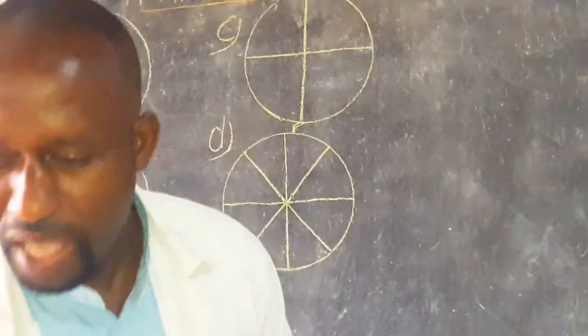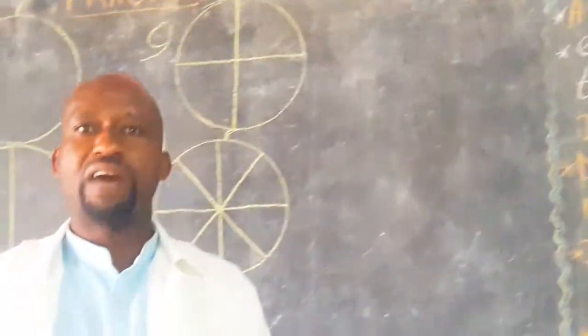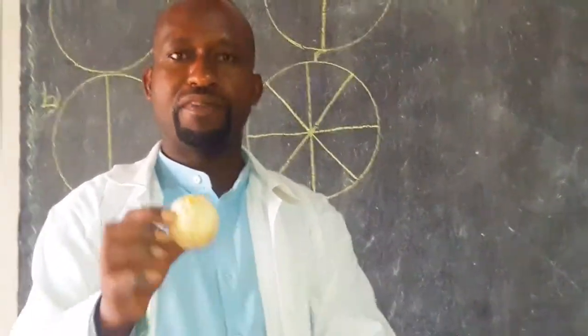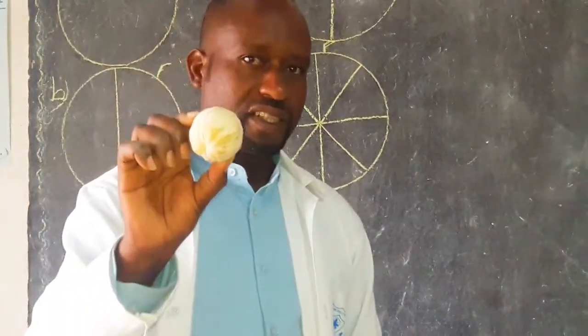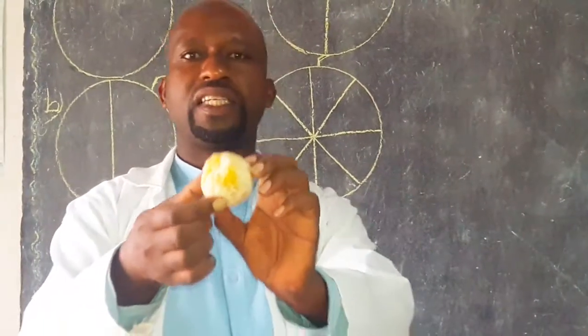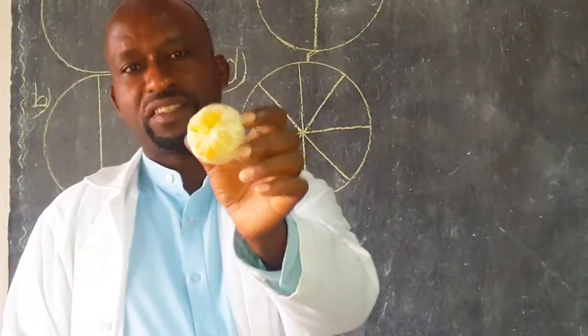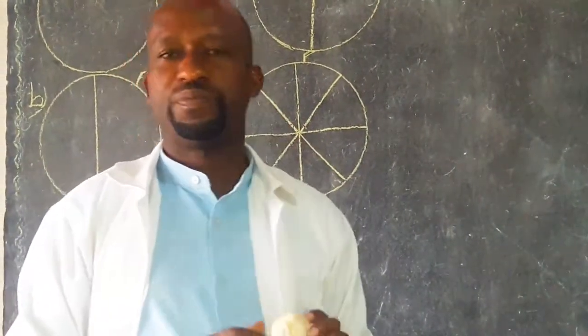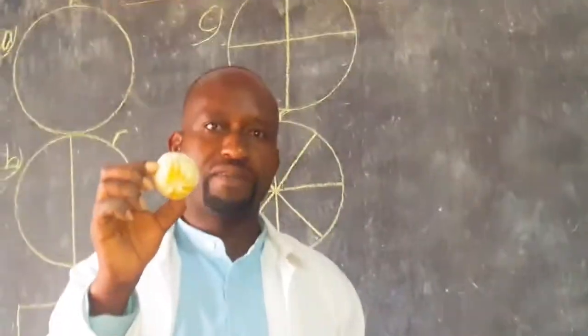Okay, good. I'm going to show you again. What am I having here? Look here. I have an orange. How many oranges do I have?